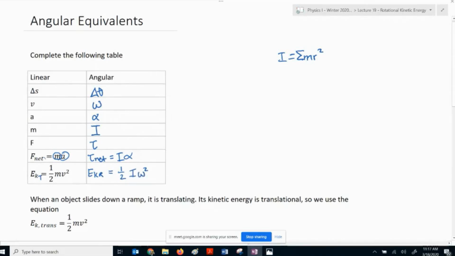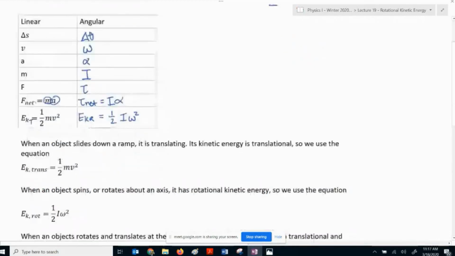So if an object is just sliding down a ramp, then it's translating. And its kinetic energy is translational, so we use EK translational, which is 1/2 mv squared, like before. So it's just translating, which means its center of mass is moving. When an object is spinning or rotating, then it has rotational kinetic energy.